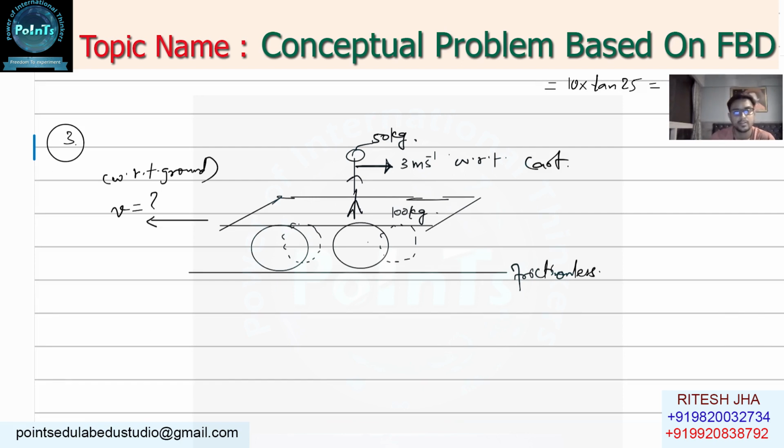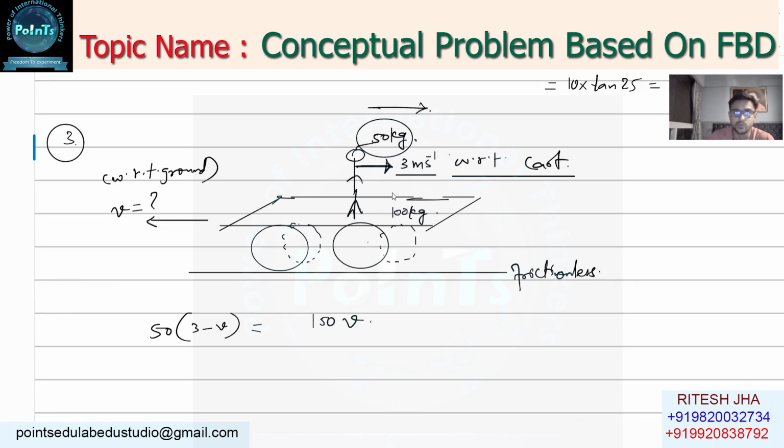Let me think. 50 times (3 minus V) is equal to 150 times V. Wait, 3 minus V. Why is it 3 minus V? With respect to the cart, though, isn't this guy at rest? With respect to the cart, the person is going forward with 3 meters per second.